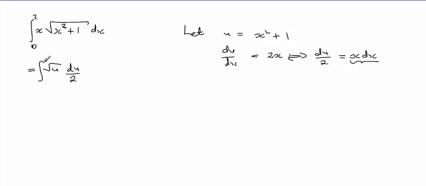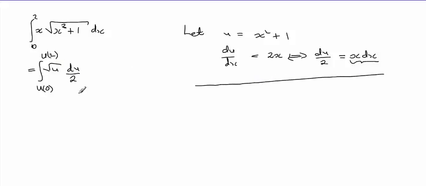I haven't done anything in terms of the limits yet. We need to evaluate u at the lower limit, u at 0, and at the upper limit, u at 2.